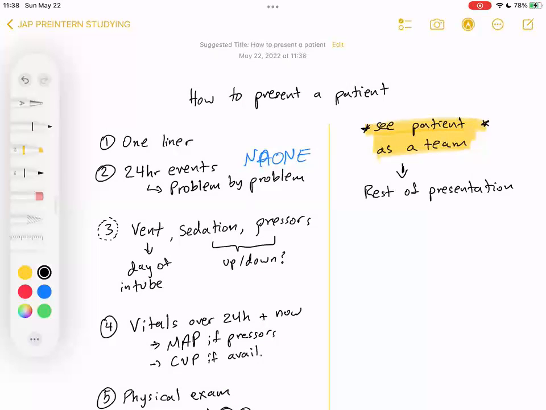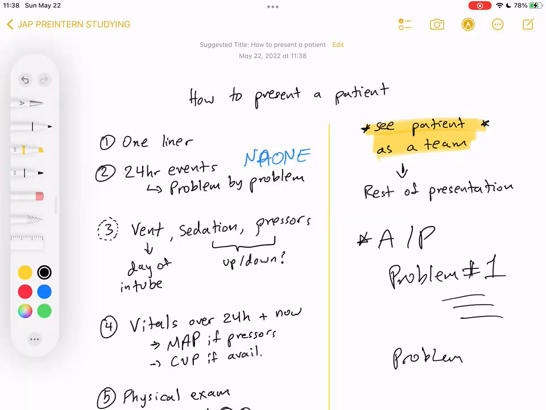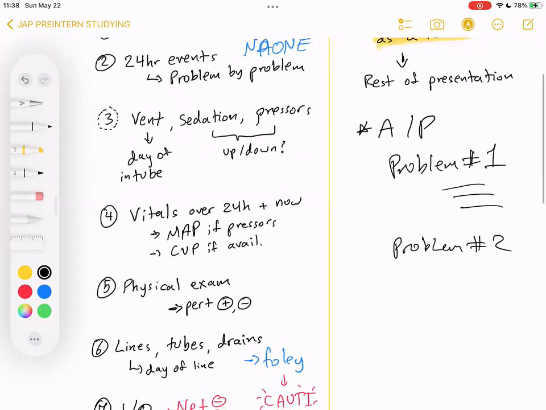And what is the rest of your presentation? The assessment and plan. So you're going to say your assessment about what's happening with the patient, and then the plan, problem by problem. Problem number 1, GI bleed, blah, blah, blah. And then problem number 2, this is what we're doing. And then you're going to mention everything.